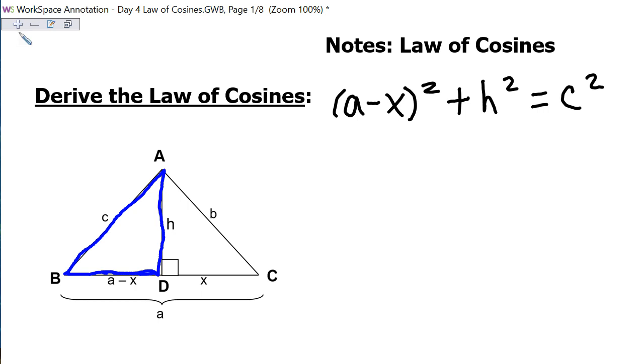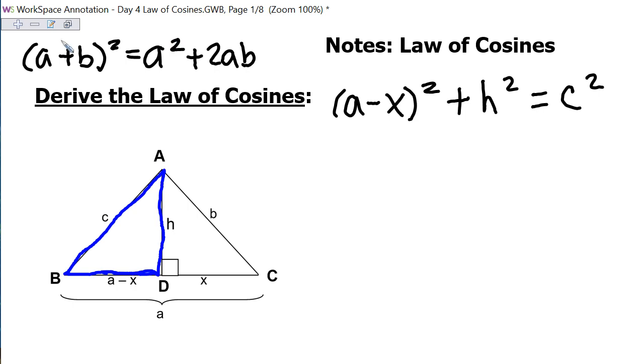When you square a binomial, here's the shortcut. If I have a binomial that is squared, square the first one. So if I square the first term, that would be a squared. Multiply them and double it. So if I multiply a and b, that gives me ab. Double it, that gives me 2ab. And then the b needs to be squared.